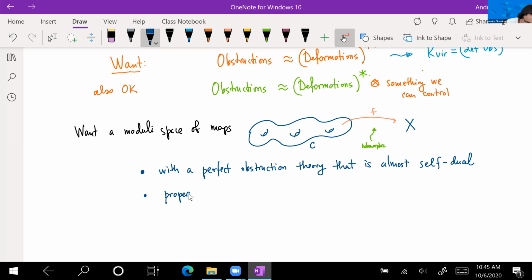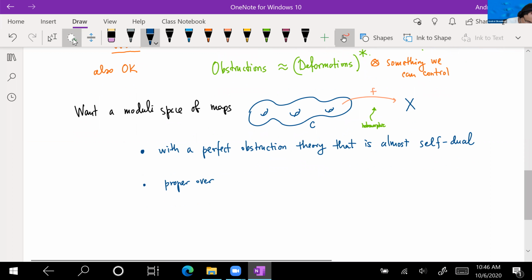But maybe we would like, if I fix a map, so if I have a curve proper over, what?